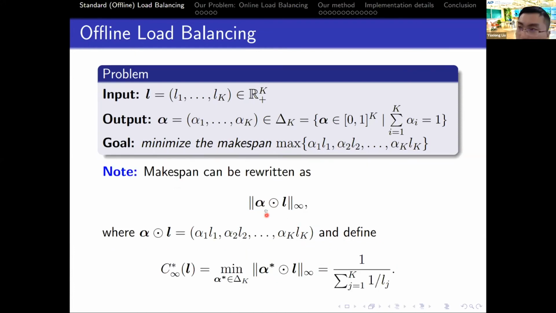We can also rewrite this problem with some useful notation as alpha dot L with the L infinity norm to represent the makespan, and the optimal choice we can denote as C star with the L infinity norm with respect to the loss vector L, or we also call it the load vector.